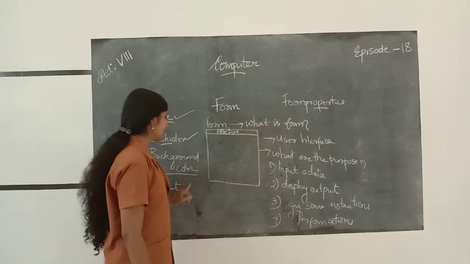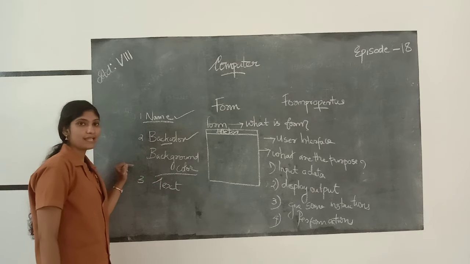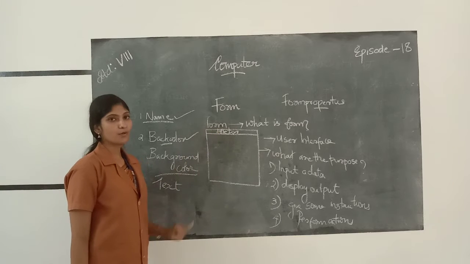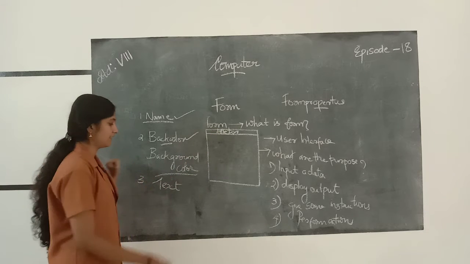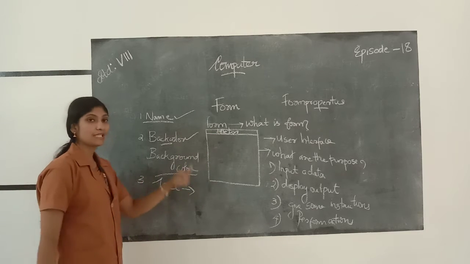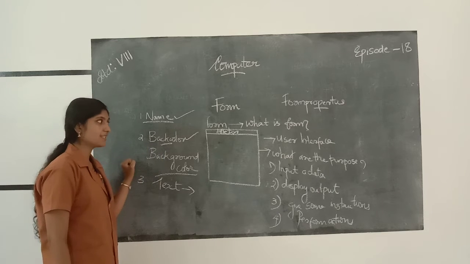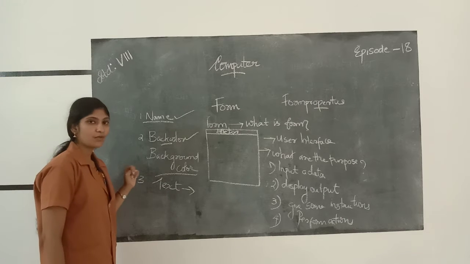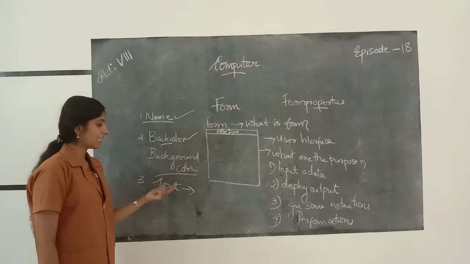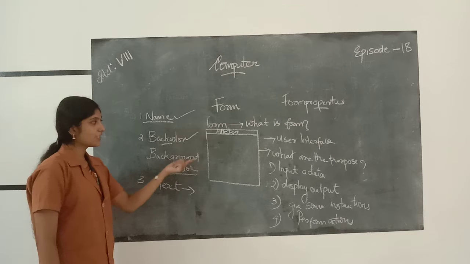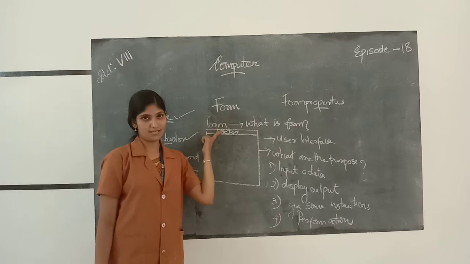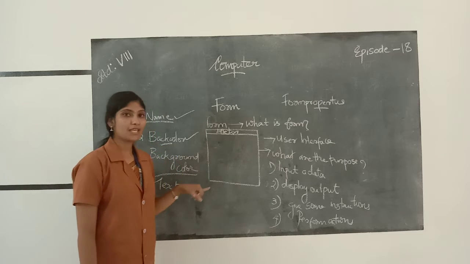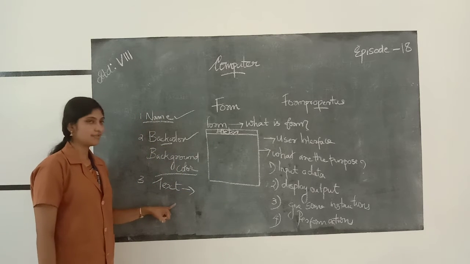So here text defines the text which is displayed on the top of the form. Displays text on where? Title bar. So if you write any name in this text, it will display on this title bar. That is the third property. To identify the form, we can assign some names to this text.